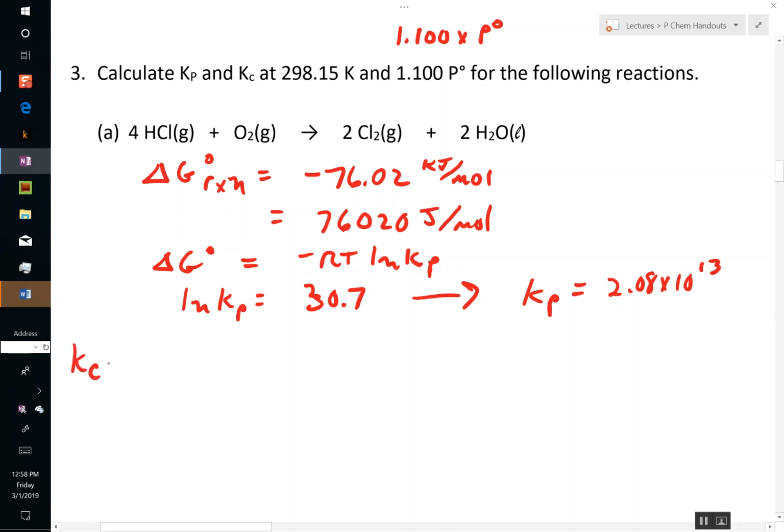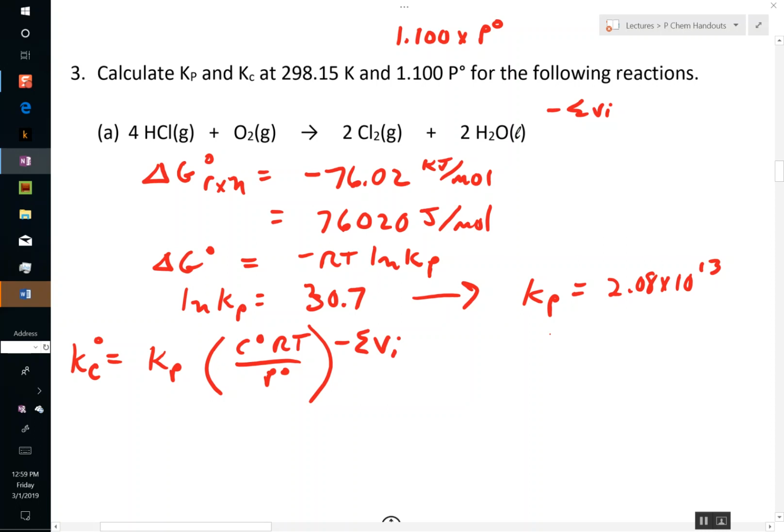So Kc equals Kp times C naught RT over P naught, to the negative sum of the V naughts.